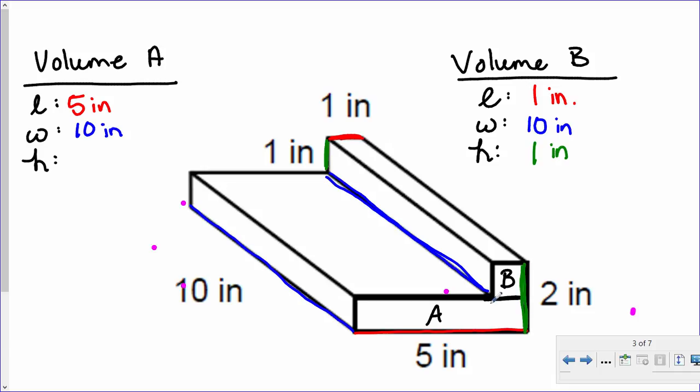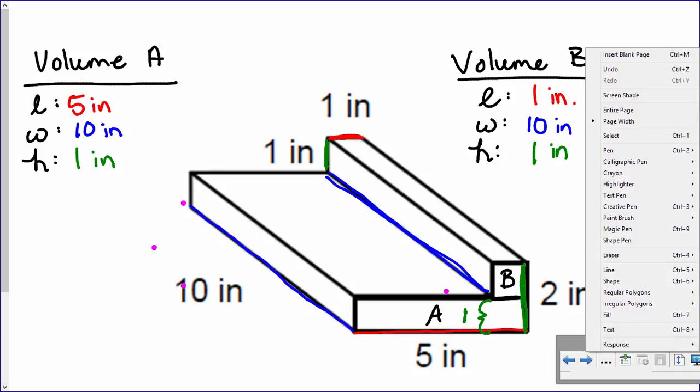That must mean that the difference between the two will be 1. So the difference, meaning the difference in the total height and the actual height of B. So the total height of the whole thing and the actual height of B. So both of them are going to have a height of 1.